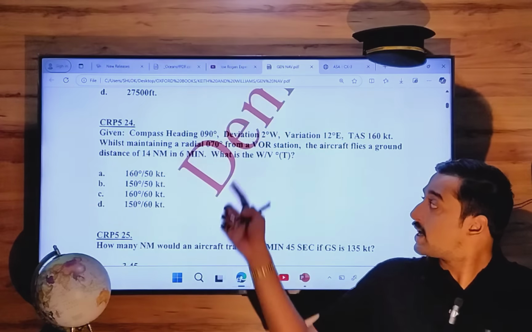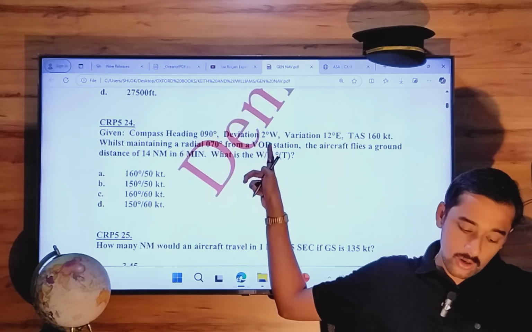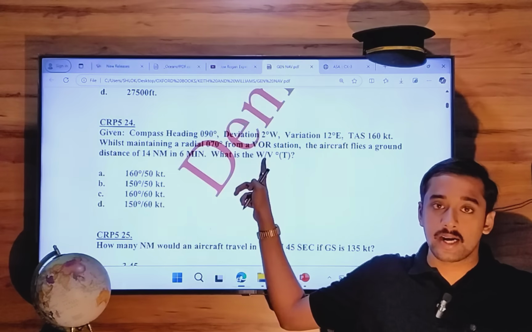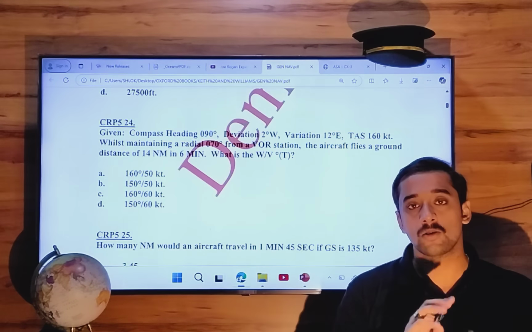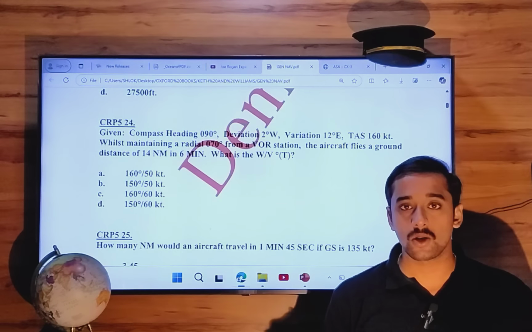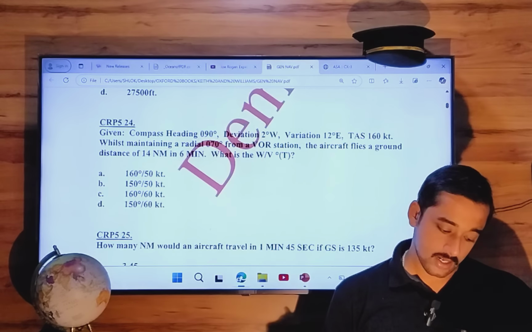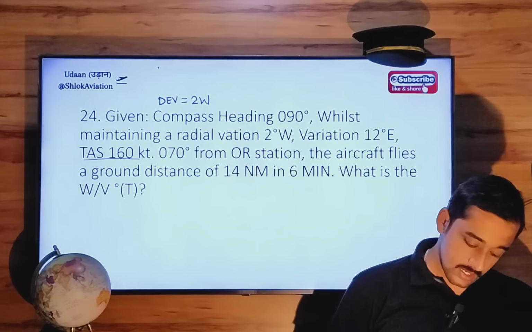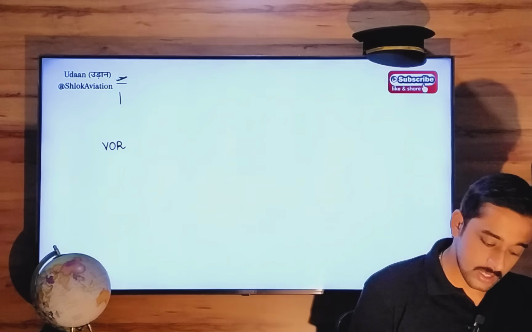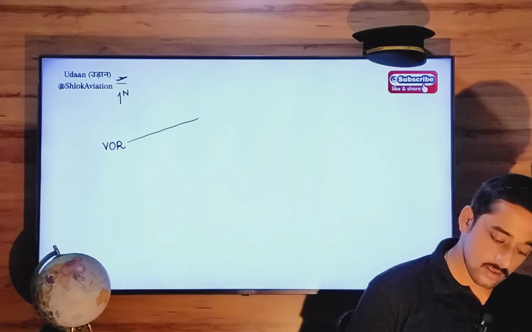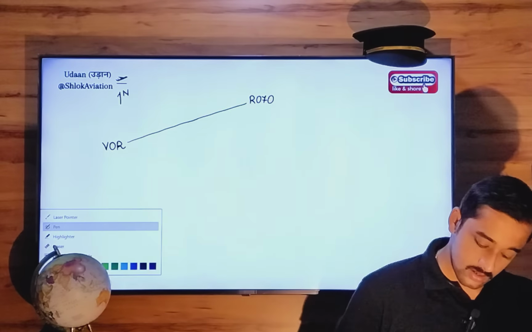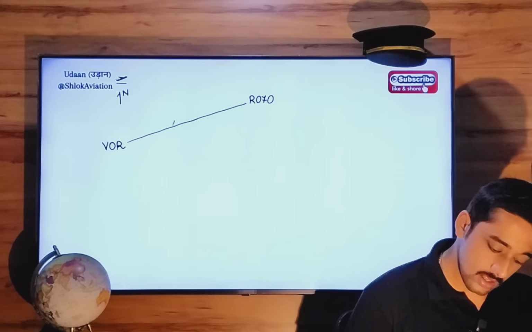You are maintaining a radial of 070 from a VOR station. That means you are flying outbound from a VOR station on radial 070 at a ground distance of 14 nautical miles in 6 minutes. So this is your VOR station here. This is the north datum. This is radial 070, let's say. You are flying outbound on this radial.